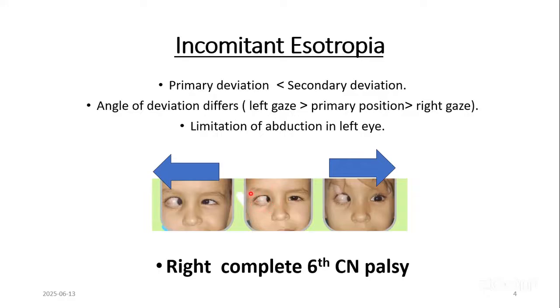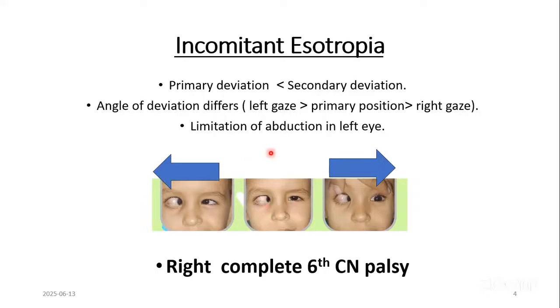If you put the prism over the right eye, you are measuring the primary deviation. If I put the prism over the left eye, this is the secondary deviation. Usually, the secondary deviation will be larger than the primary deviation.